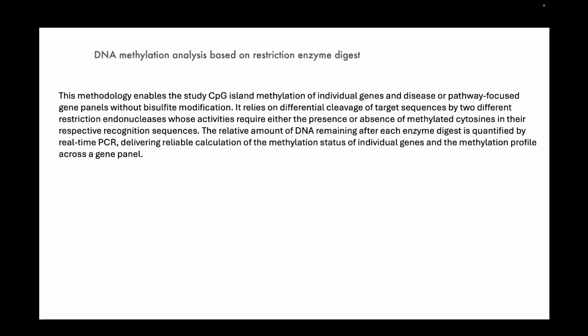If it acts only on the places of the methylation pattern, it will give you stretches of the DNA where there is a good amount of methylation, and you can basically amplify that particular stretch of the DNA using PCR and check where it is coming from. So it can give you a decent idea about the methylation status of individual genes and the methylation profile across a gene panel.